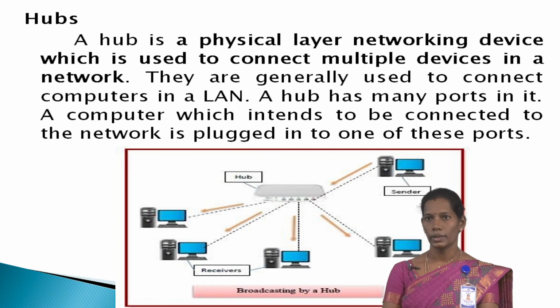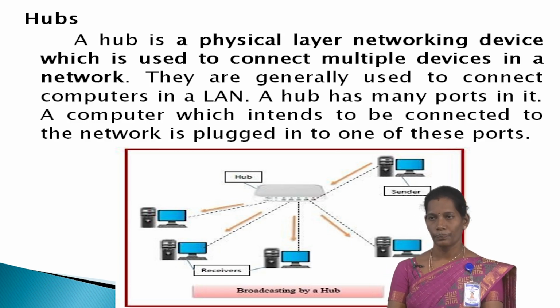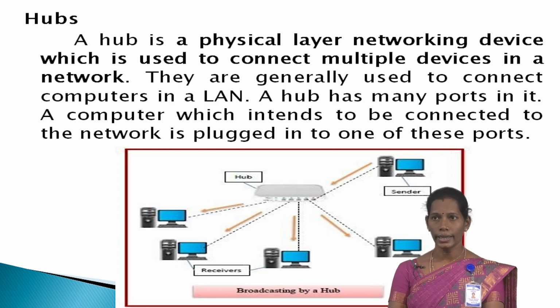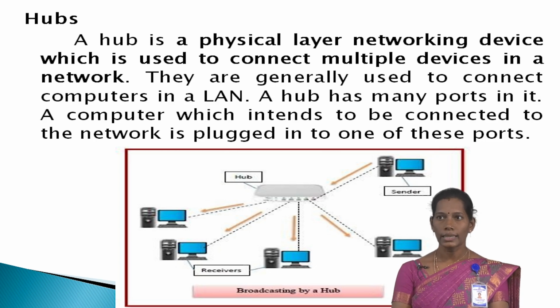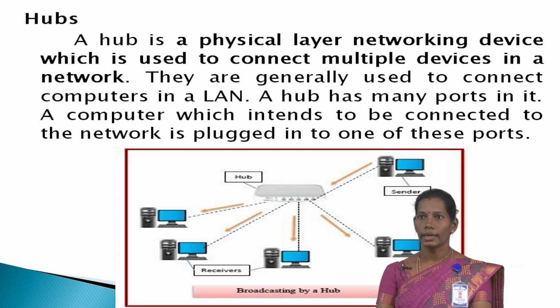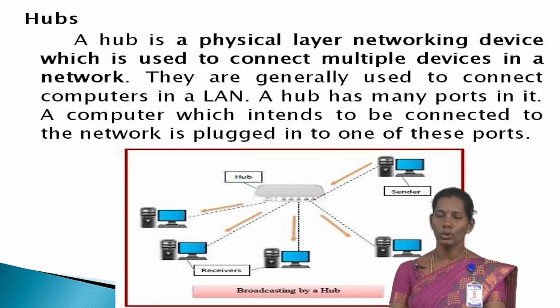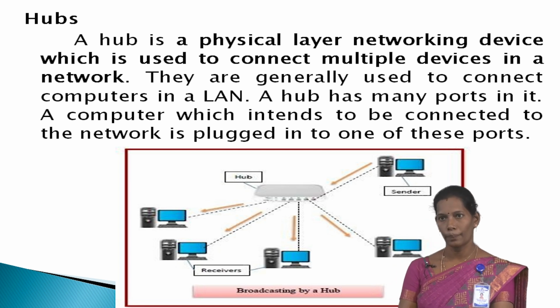Next one is hub. A hub is a physical layer networking device which is used to connect multiple devices in a network. They are generally used to connect computers in a LAN. A hub has many ports in it. A computer which intends to be connected to the network is plugged into one of these ports, for example of the hub.